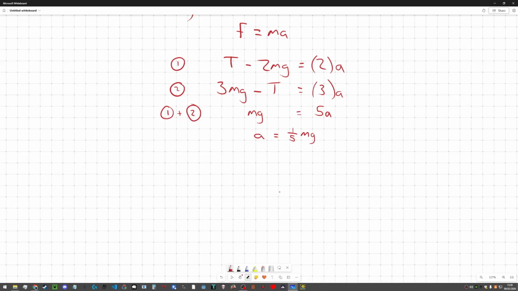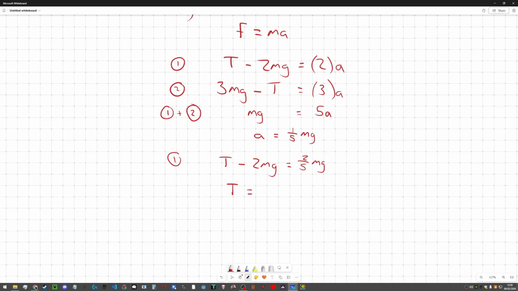Alright, back down here. Now that we know a, we can plug this back into the first equation. Our tension minus 2mg is equal to 2/5 mg, since that's 2 times a.